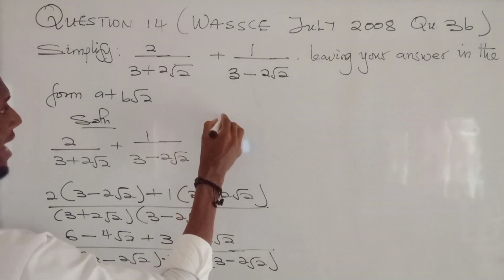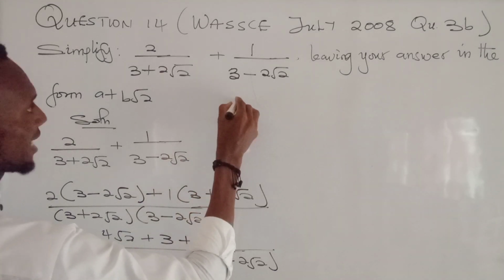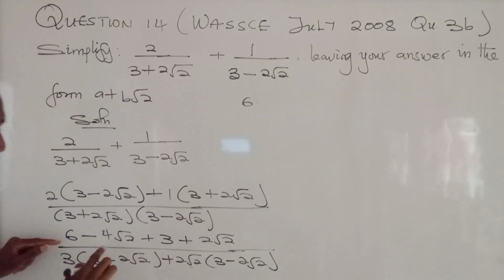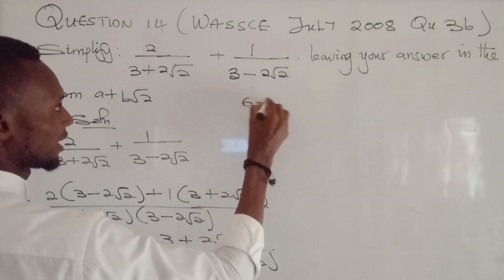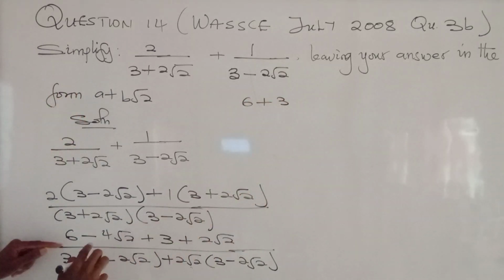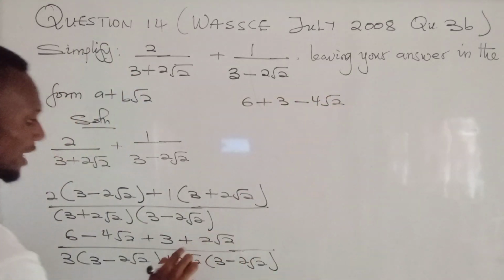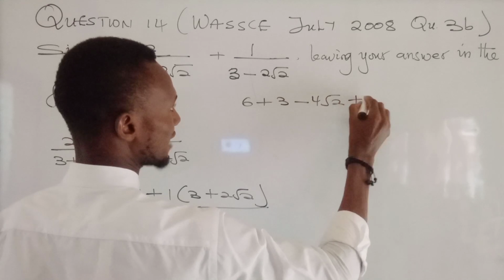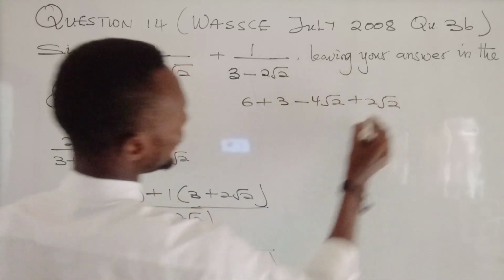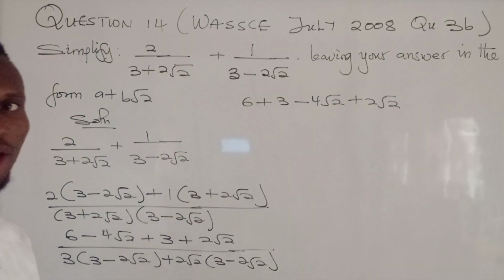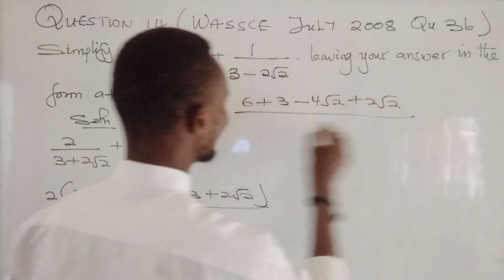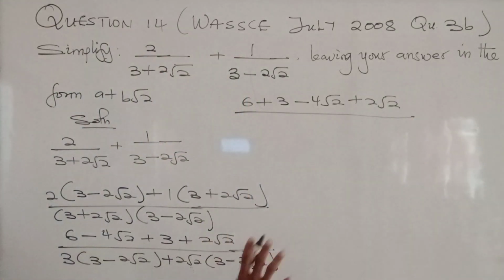I'll pick my 6. What can join it will be the plus 3. So 6 plus 3. Then I'll bring my minus 4 root 2. Then what can join it is the plus 2 root 2. I hope you understand and you agree with me. We just group like terms, all over. Then the denominator, we are going to open our bracket.